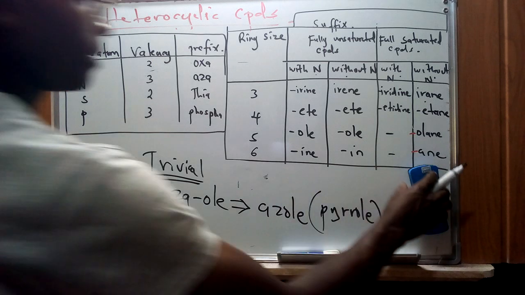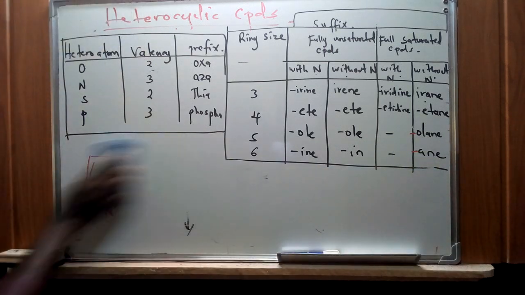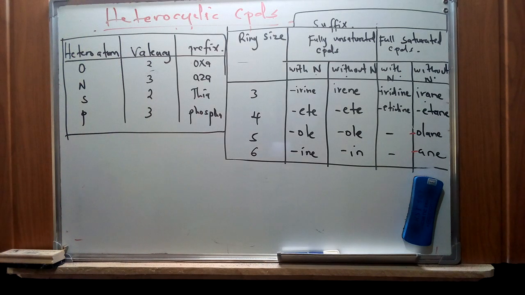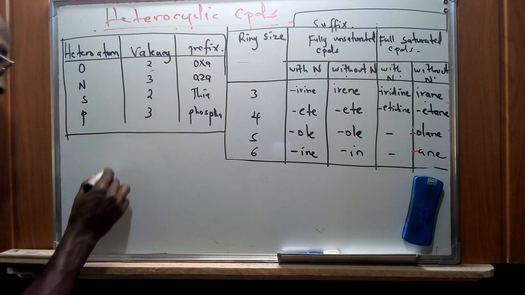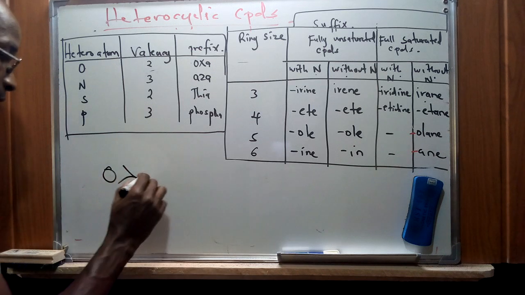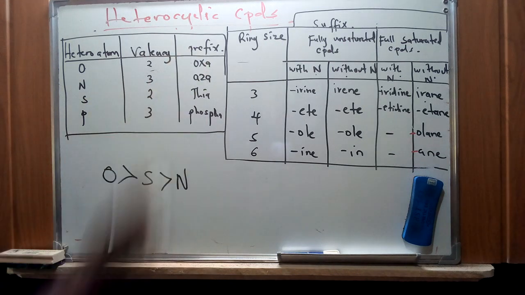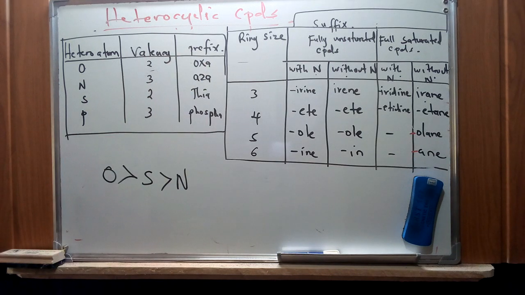So in this case, there is a scenario whereby you can find that two different atoms have appeared in one specific structure, and there's going to be an order of preference for this, whereby oxygen is going to take preference over sulfur and over nitrogen. So in case they appear, then we're going to pick these suffixes and prefixes in that order.